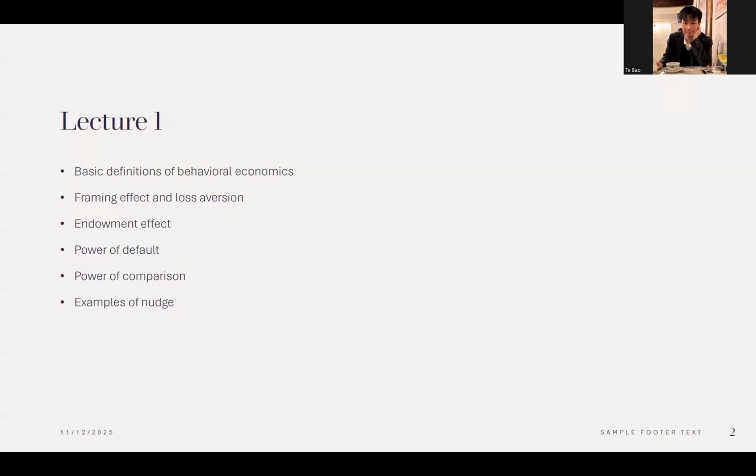The default choice works partly because people are lazy to make any changes. If you make something the default option and they need to take effort to change it, they don't feel like changing it. That's the effect of the default choice.